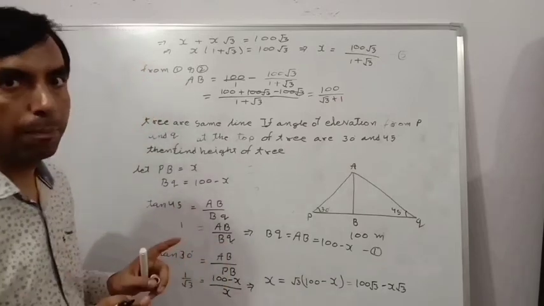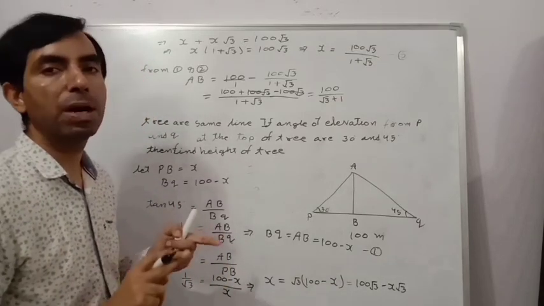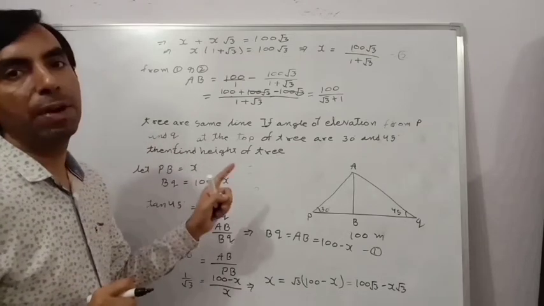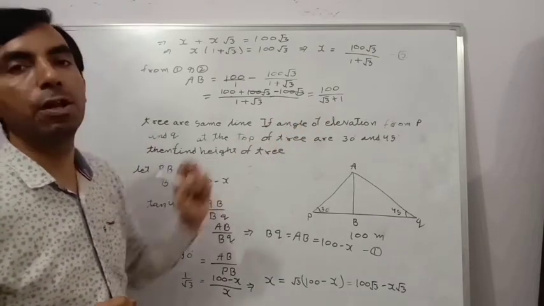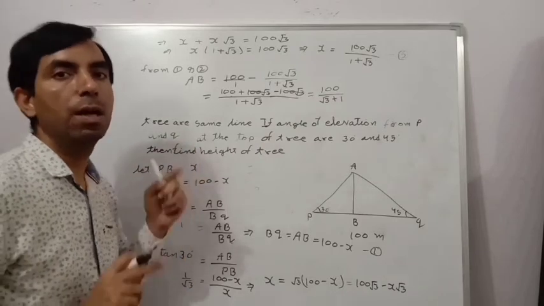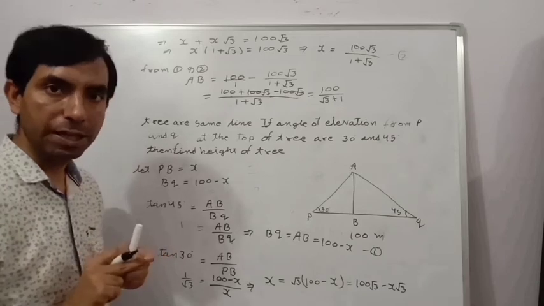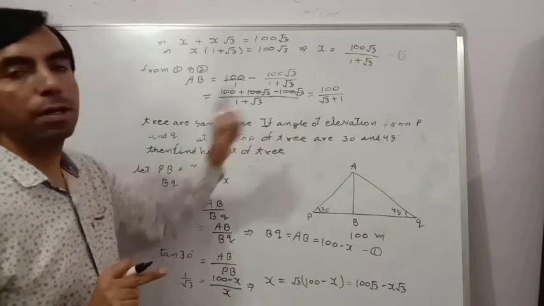It is our answer. But if you want to change it into simple form, then we multiply it by the conjugate of the denominator, because we do not write any irrational root value in the denominator.